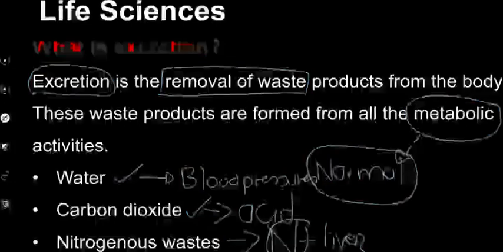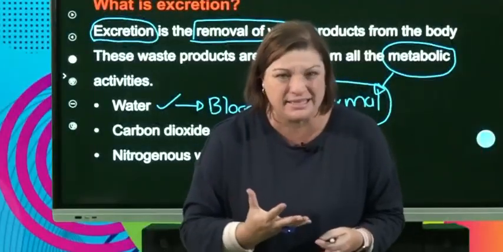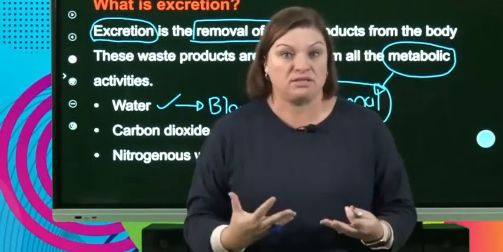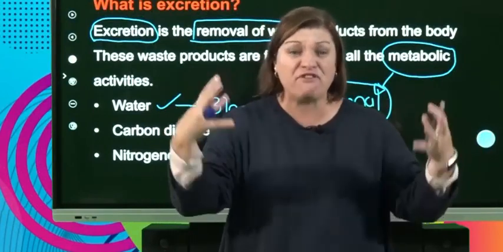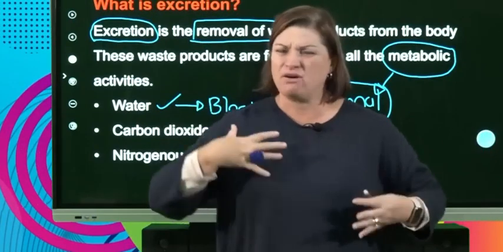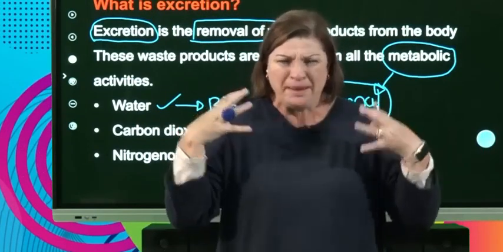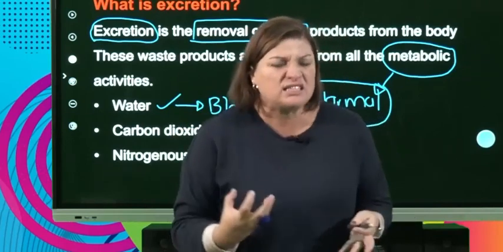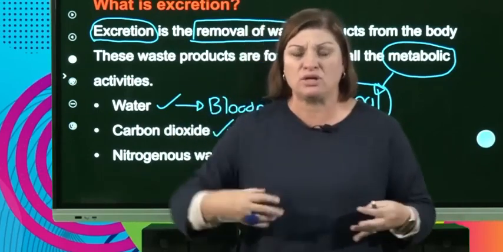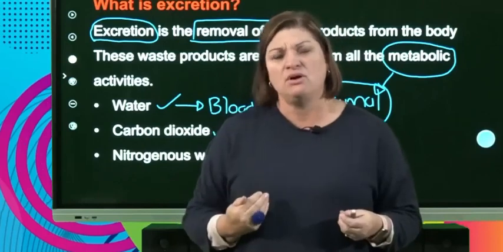And ammonia in our body, like handy Andy, is poisonous for us. So all of these things: water, not poisonous, but can affect our blood pressure; carbon dioxide changes the pH in my body; and nitrogenous waste is detrimental to how my cells work. I need to get rid of all of that.